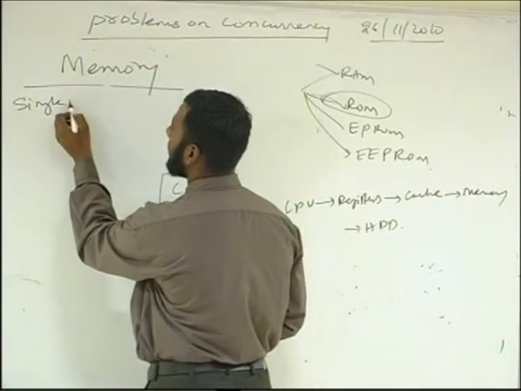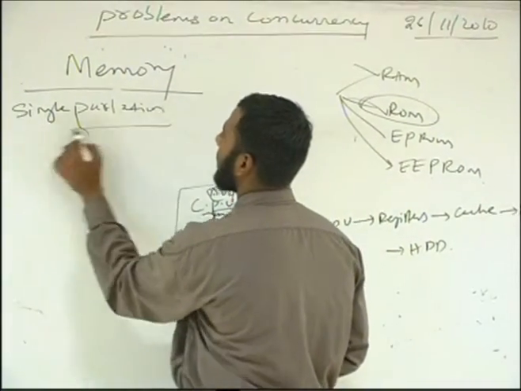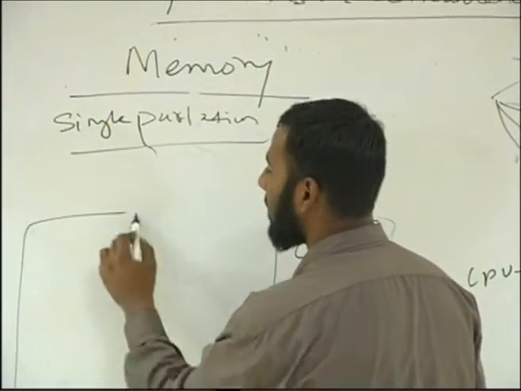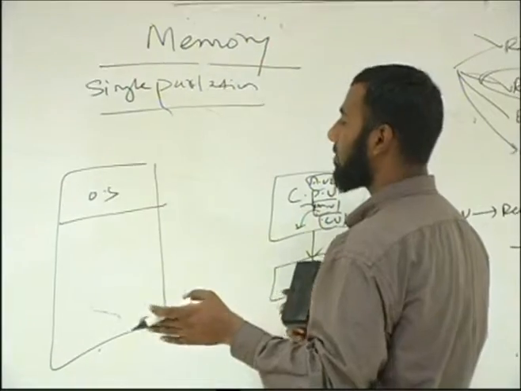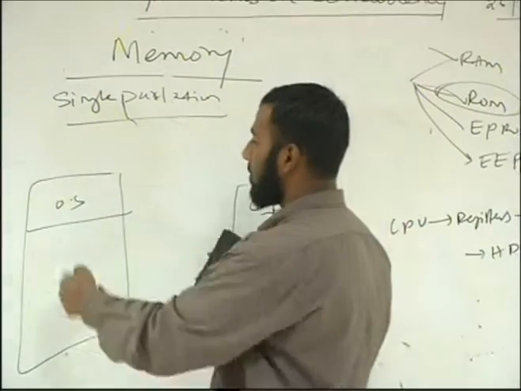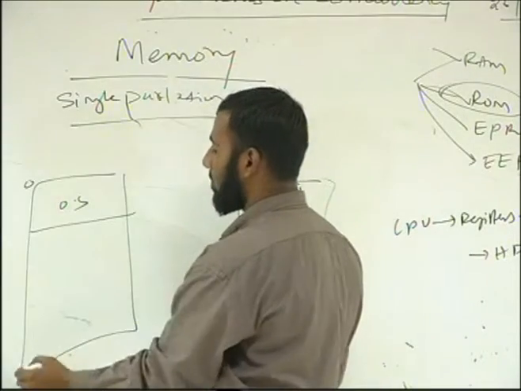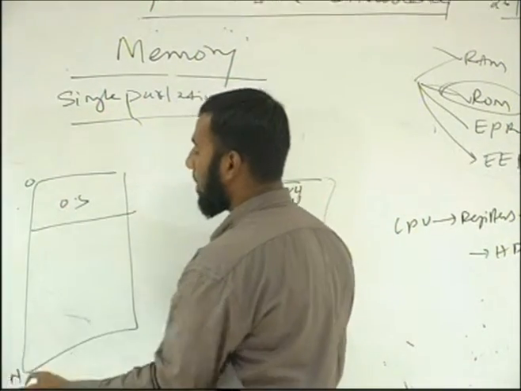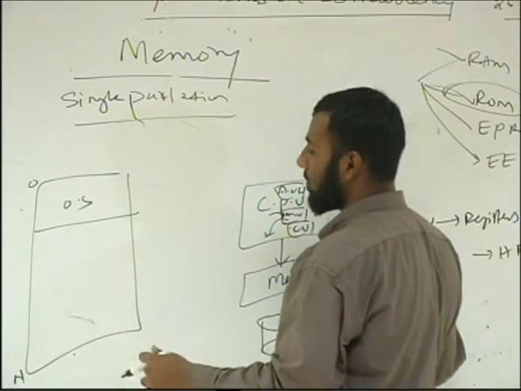In the single partition method, you have an operating system. Now this operating system can be at higher addresses or at lower addresses, and generally it is at lower addresses. So 0 here, and we move to n. Now this memory is divided into two partitions.